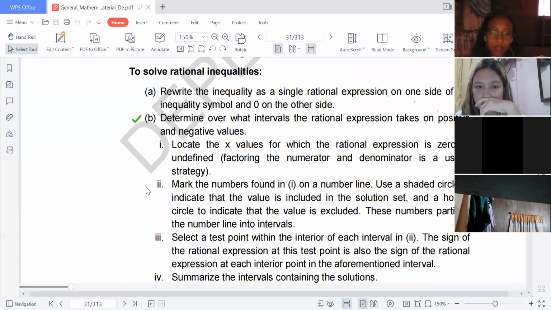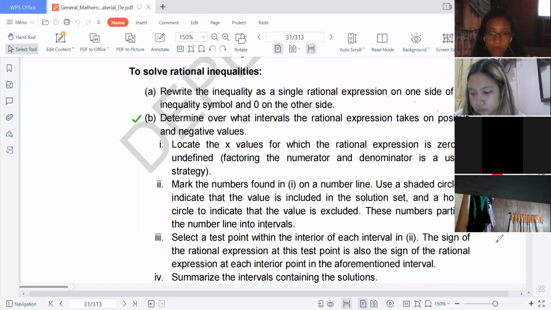Second, you mark the numbers found in this step on the number line. Then use the shaded circle. If you see this notation, it means the number is included, but if you see this one, it is not included.